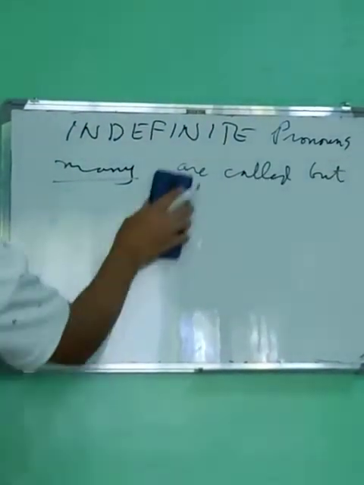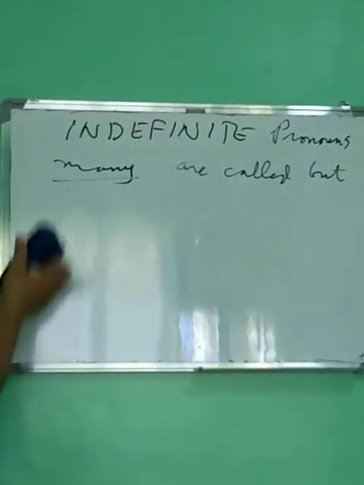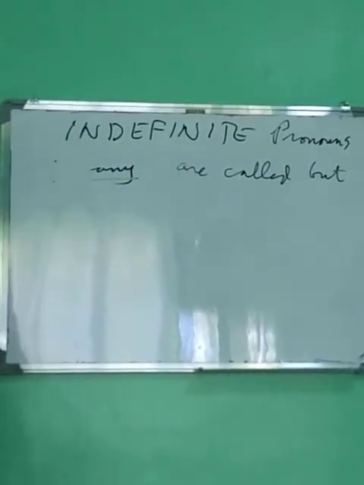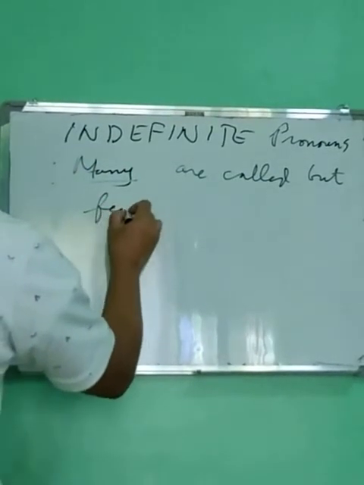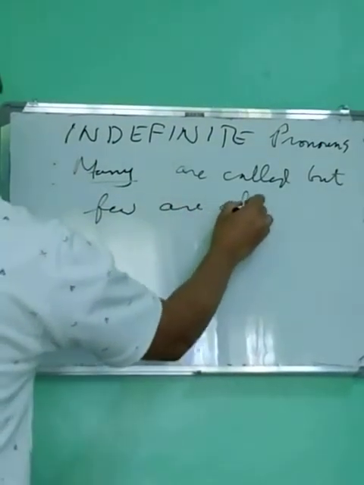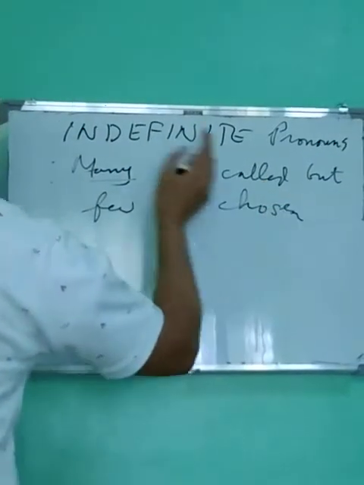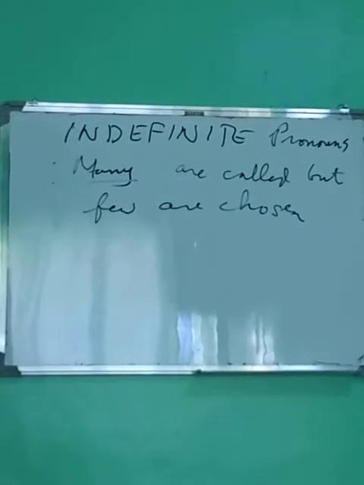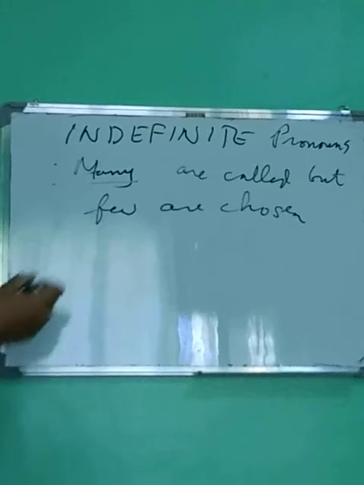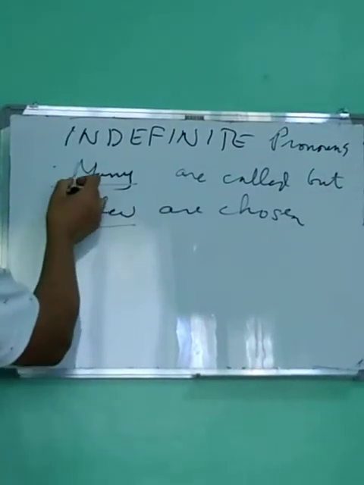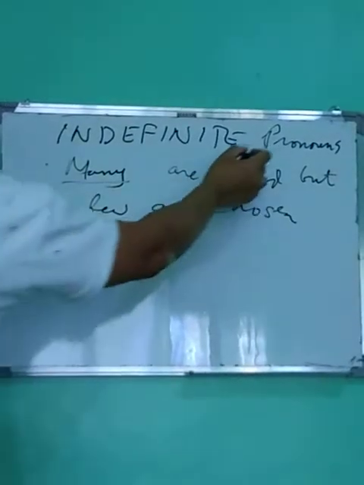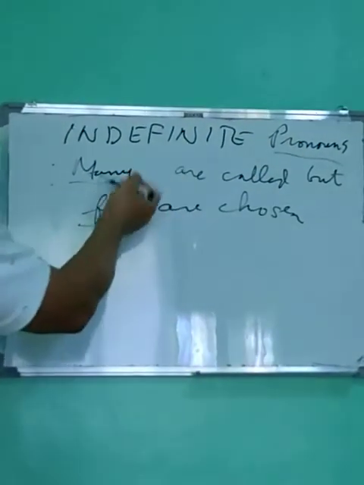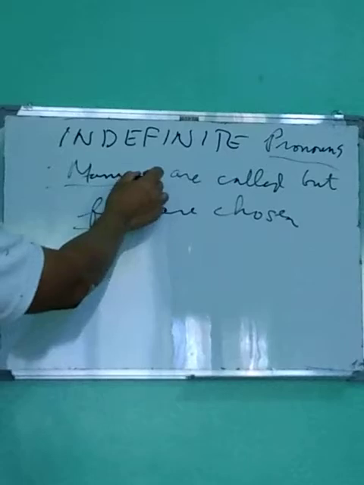Many are called, but few are chosen. No? So how was it used? Is this an indefinite pronoun or an indefinite adjective? Definitely, these are used as indefinite pronouns because they do not follow a noun.